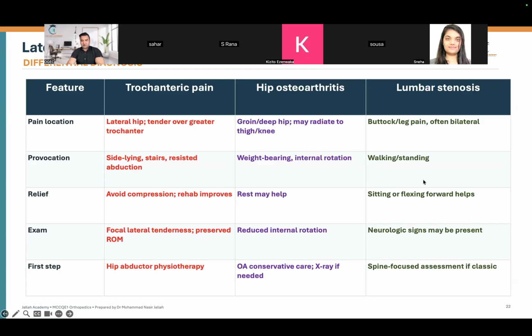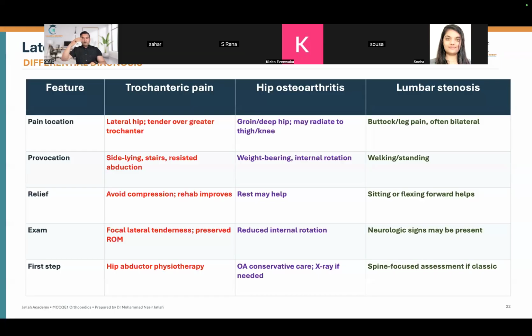So lumbar stenosis, usually if they give you a scenario about this, they may not directly mention that the patient is flexing the back and gets better, or extending the back and getting worse. What they say is the patient has back pain radiating to the buttocks and lower part of the buttocks, but it gets worse when the patient is going downstairs or walking downhill.